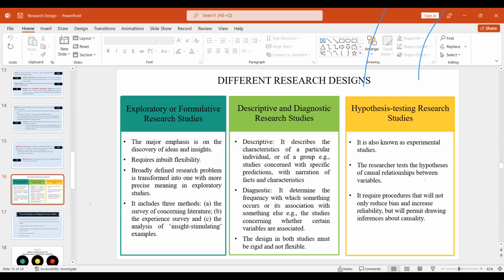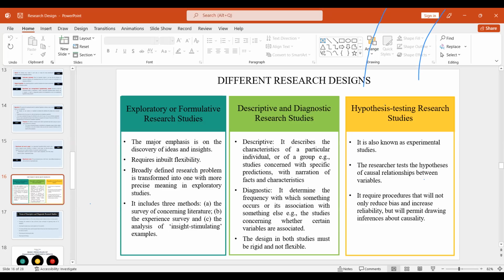Different research designs. Exploratory or formulative research. In exploratory and formulative research studies, the major emphasis is on the discovery of ideas and insights. The second is that it requires inbuilt flexibility.